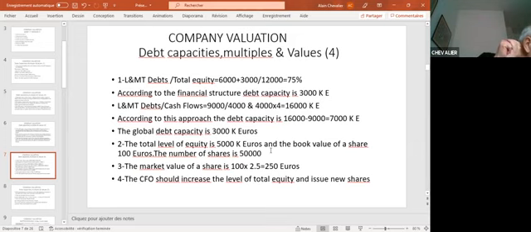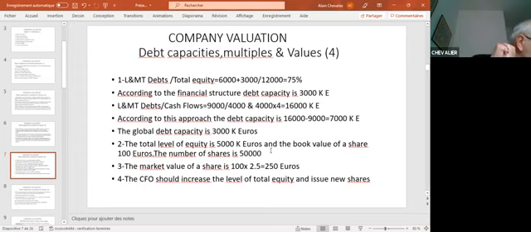Next, we know that the market to book value of the company is 2.5, which means that as we have a book value equal to 100, if you put the question at the level of the share, we have 100 multiplied by 2.5, which is equal to 250 euros.